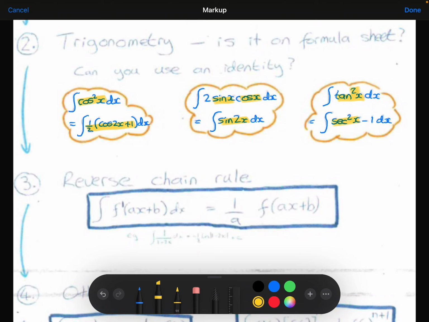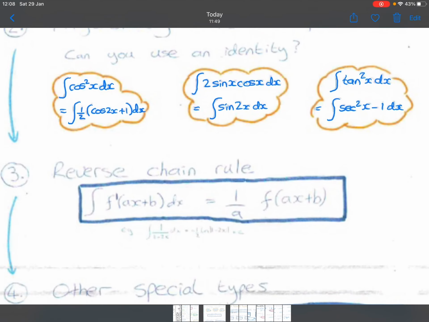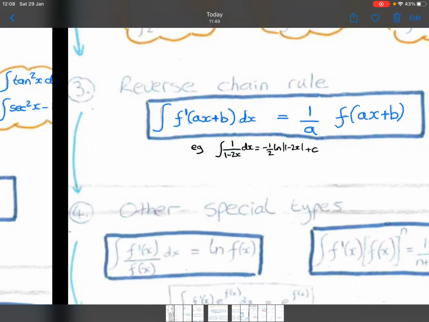And then the sec squared I know integrates to be tan, and the 1 integrates to be x. So that now integrates really easily. So if you have a trigonometric expression, check on your formula sheet to see if you know what the integral is already. If you do, great. If you don't, can you use an identity to rewrite the integral in a simpler form that you do know?